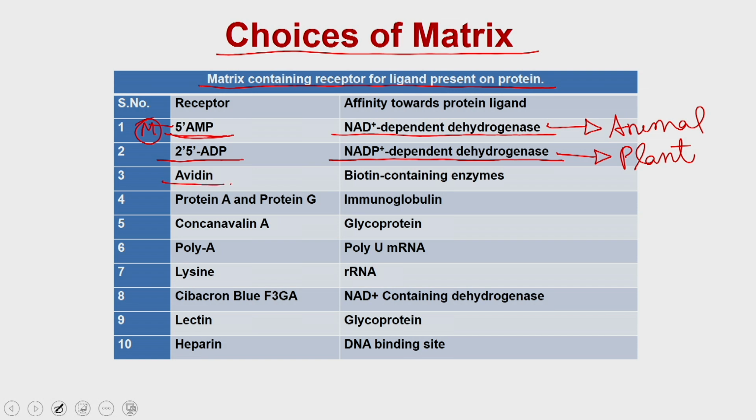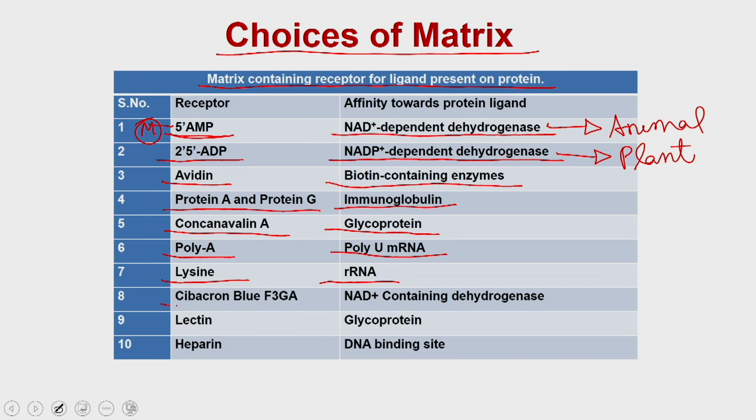Then you have avidin, which has an affinity for biotin. Then we have protein A and protein G, which have affinity for IgG. Then we have concanavalin A, which has an affinity for glycoproteins. Then poly A has affinity for poly U. Then lysine has affinity for ribosomal RNA.